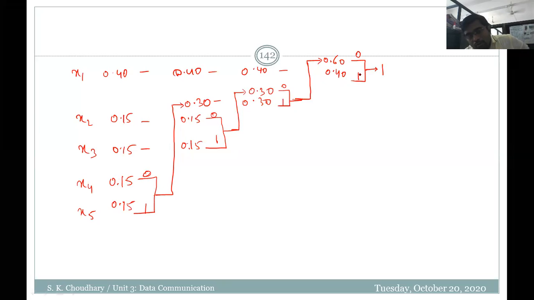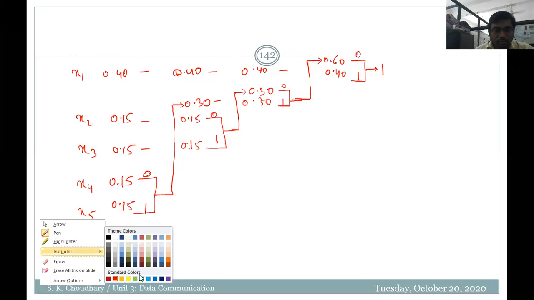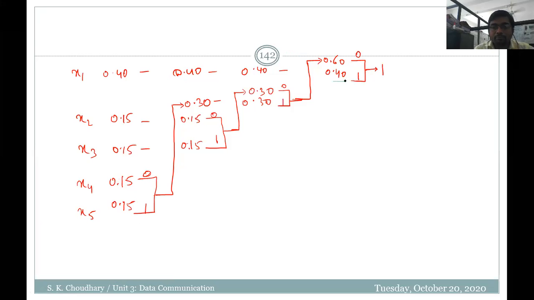Now we have to do the reverse tracing and find out the corresponding code word for x1, x2, x3 and x4. So what is the code word for x1? It starts from this point, and it is 0.40 throughout. So the code word for x1 is 1.